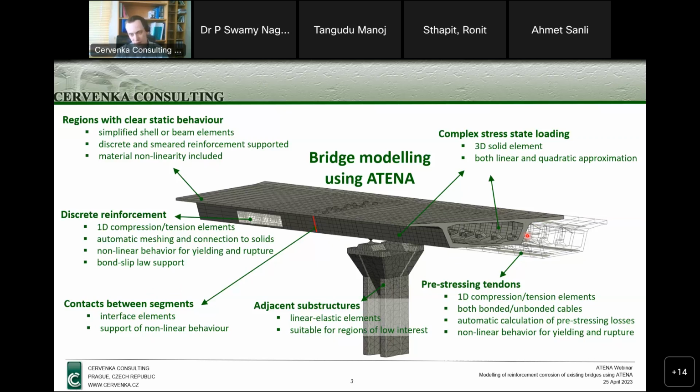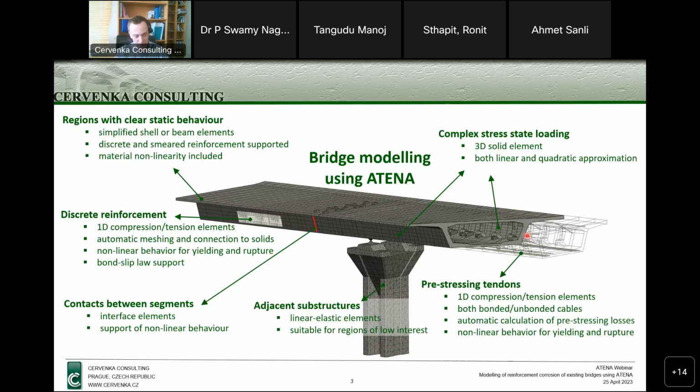If you are focusing on some smaller analysis, for example, if you are a university researcher trying to reproduce a laboratory experiment on some small sample, this bond slip law is maybe not necessary, because if the elements are sufficiently small, the slip of the reinforcement bar can be captured by the cracking of the surrounding concrete.